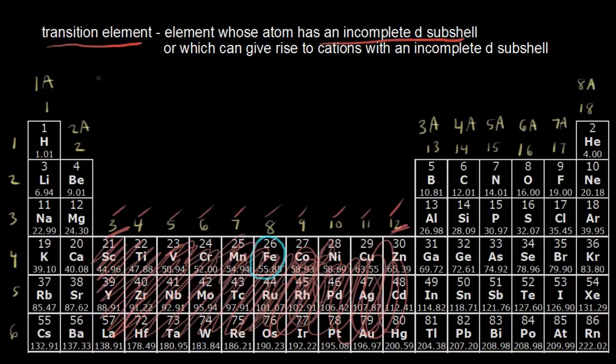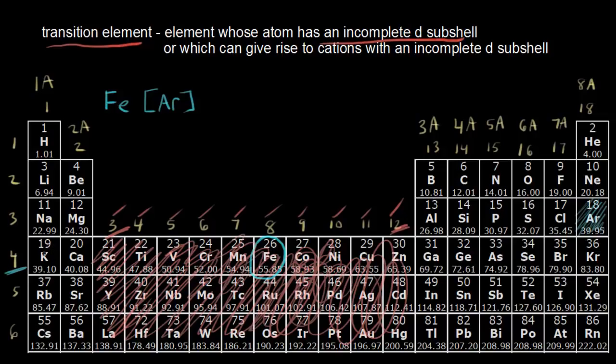Here's iron right here, and if I wanted to write an electron configuration in noble gas notation, I'm assuming that you know how to do this already, so I won't spend too much time talking about it. I would go to argon, which is the noble gas before iron, and I would put argon in brackets. That takes me to the 4th energy level, or the 4th period on the periodic table.